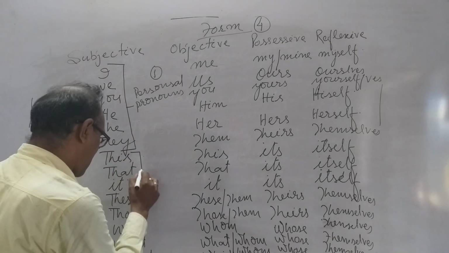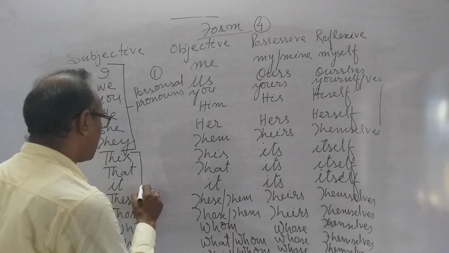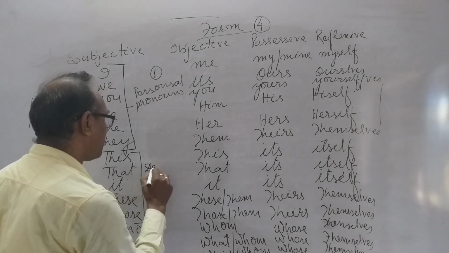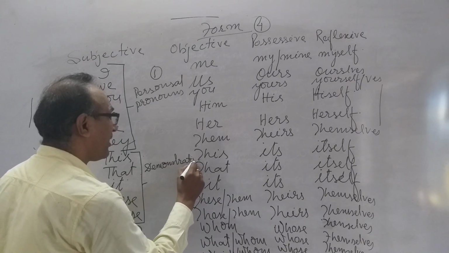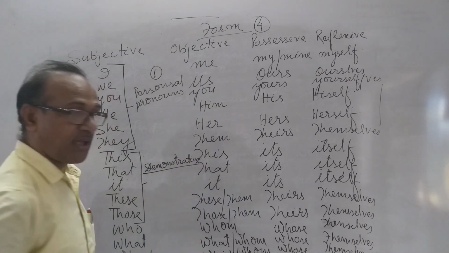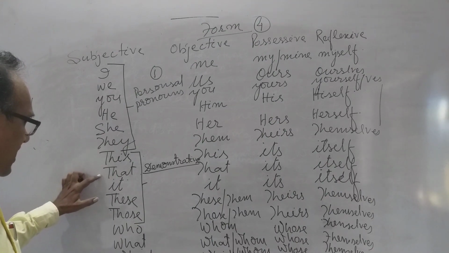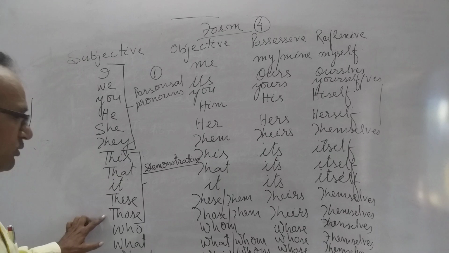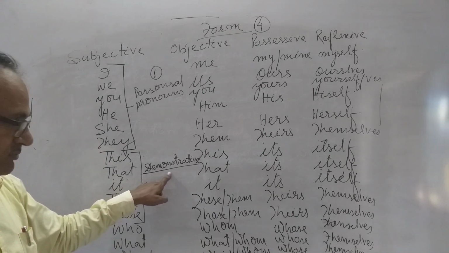And this, that, it, these, and those. These five are called demonstrative pronouns.